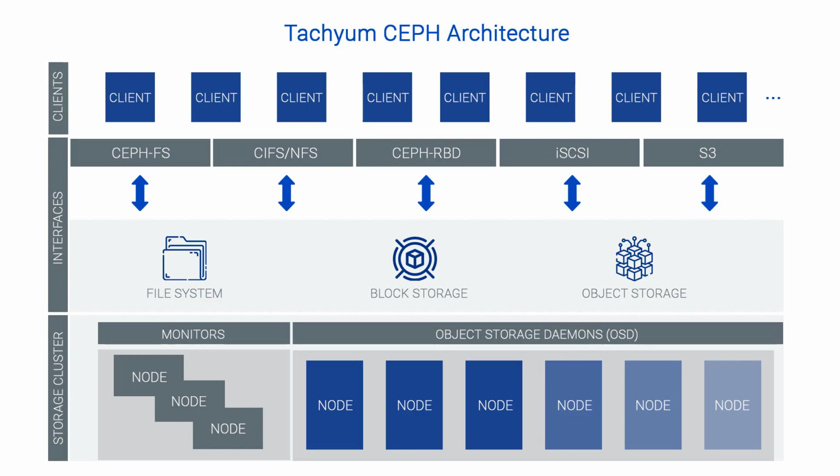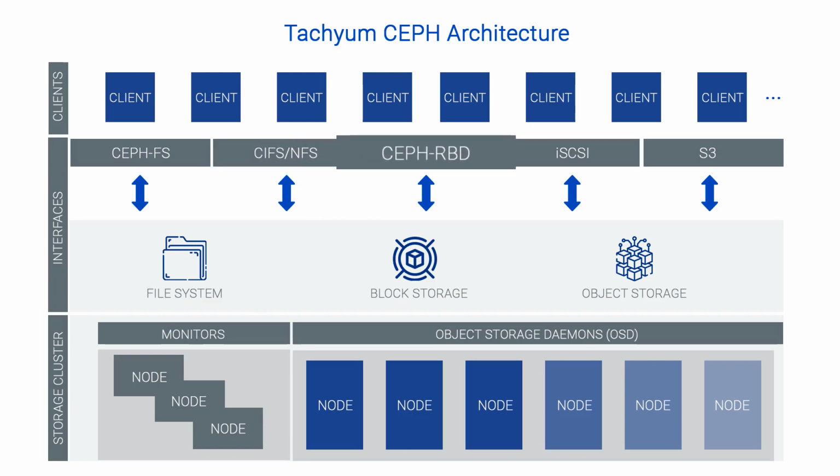The basic three strategies of presenting data, as you can see in the middle, are file system, block storage, and object storage. The Ceph file system is a shared file system, which means multiple clients can work on the same file system at once. The same is true also for NFS and CIFS file systems.